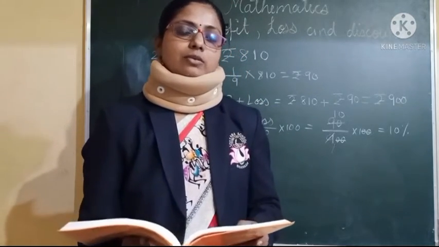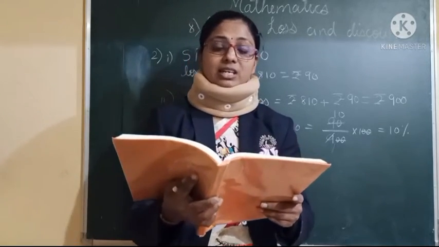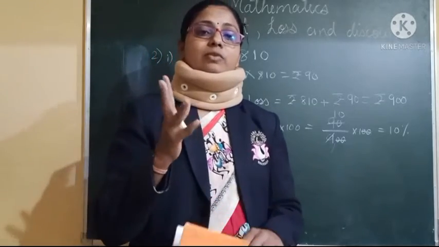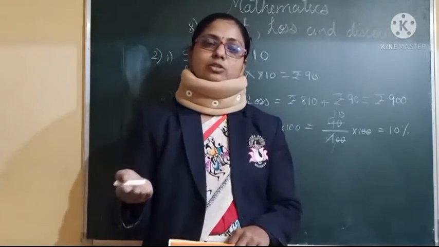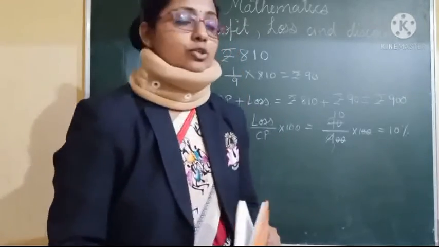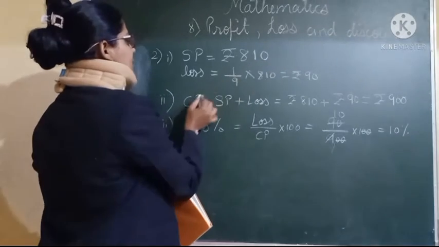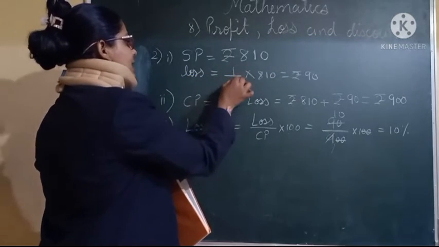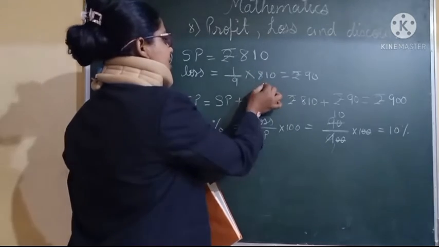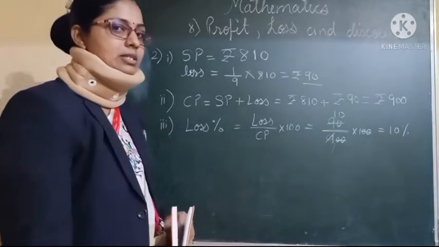In this question it is given as losing 1/9 of the selling price, which means the loss will be 1/9 of the selling price. The selling price is given as rupees 810. The loss will be 1/9 of 810. If we solve this, we get the answer 90 rupees.